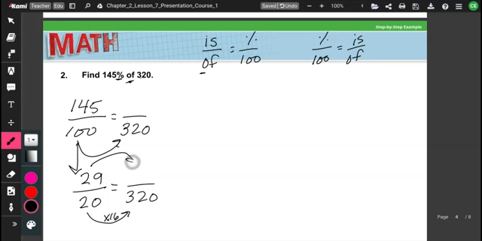What you do on the bottom, you do on top, so you multiply that by 16, which gives us 464. So 145% of 320 is 464.